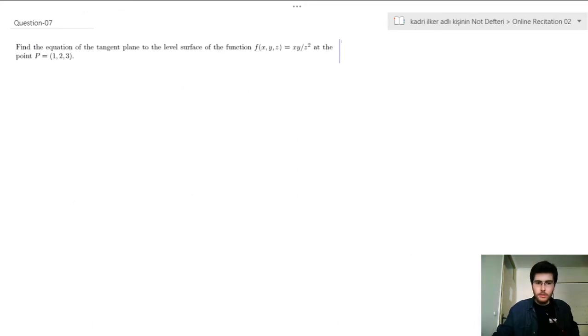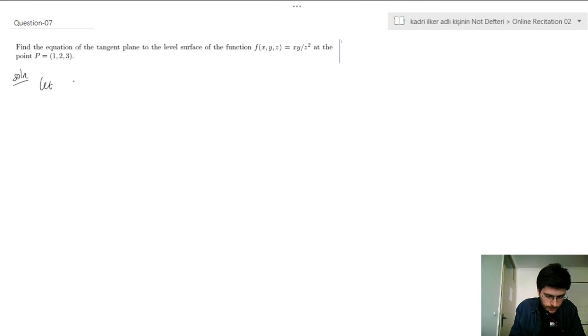Next one. Now the next one is about level surfaces. We are going to write down the equation of a tangent plane to the level surface of a function. Be careful, we discussed this in the previous lecture, right? Just recall our solution.